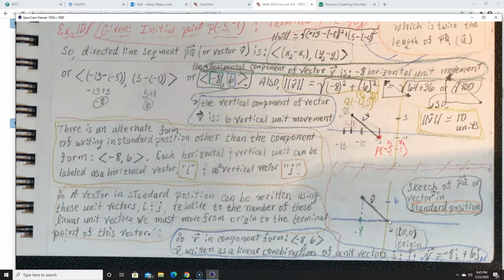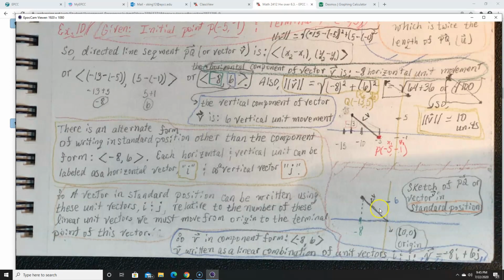Now move in the same direction as the directed line segment it came from, which is move 8 units to the left and 6 units up, and there is the terminal point.